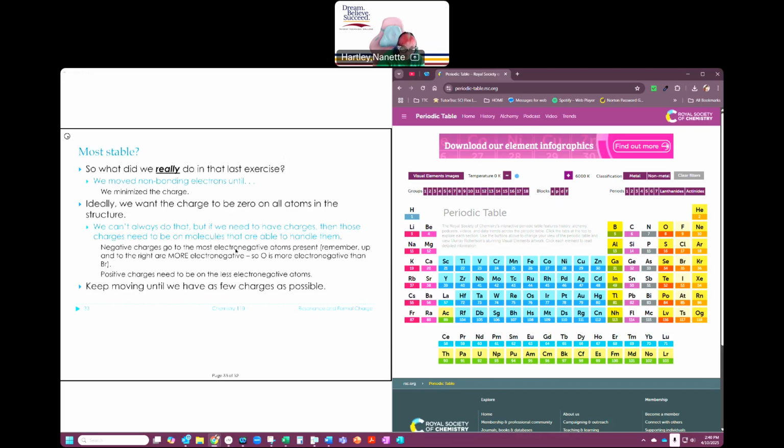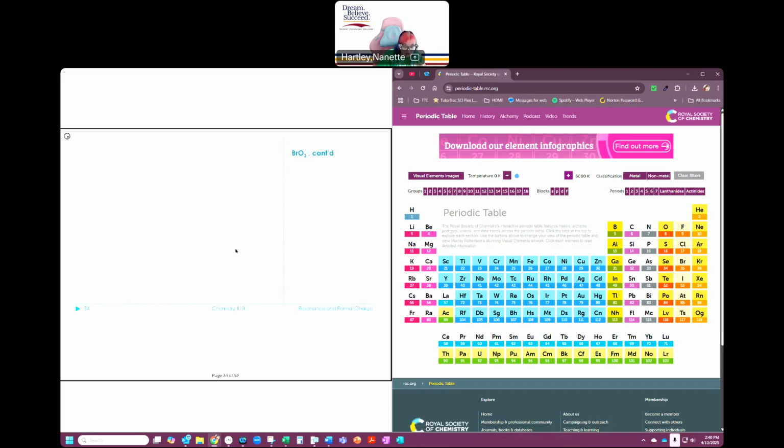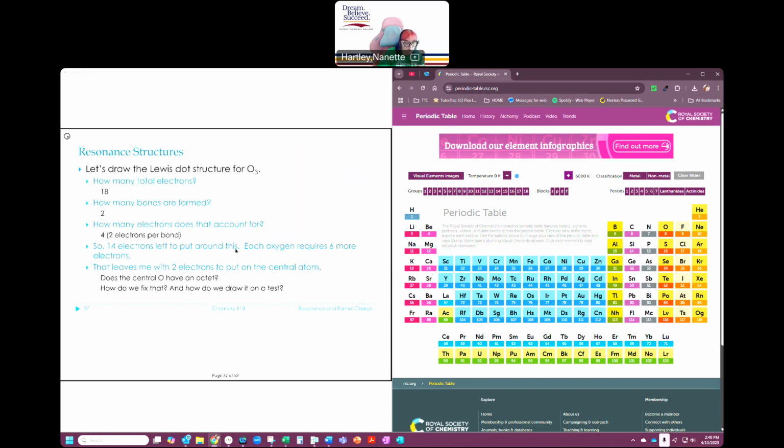So, cool, questions, comments, problems with any of that. And if we end up with a structure where we have a multiple bond in one place and a single bond in another place that are effectively equivalent, then we want to draw them so that they are equivalent, i.e. that there are multiple structures that we have for that. Okay?